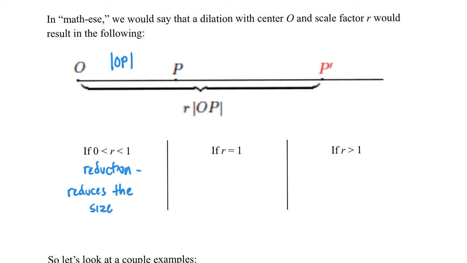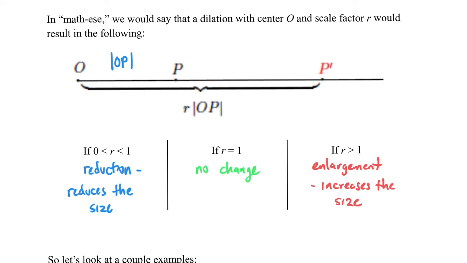As opposed to, if r is bigger than 1, we call that an enlargement, because that actually increases the size. And if r equals 1, well, that's not very interesting because we're multiplying by 1, and anything times 1 is itself. So this results in no change. A scale factor of 1 results in no change.